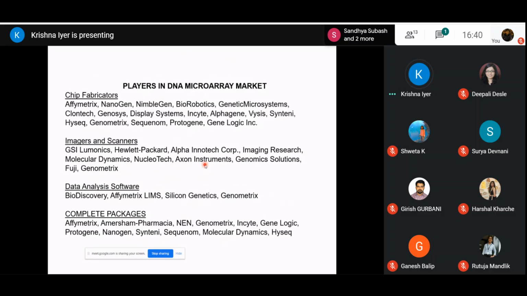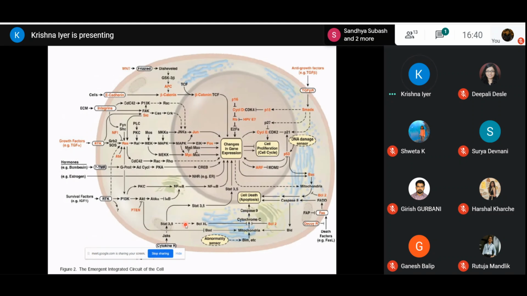For example, here is Amersham Pharmacia, which is part of Upjohn, and this is New England Nuclear, and so on and so forth. But all the big players in sequencing are also in this microarray market.